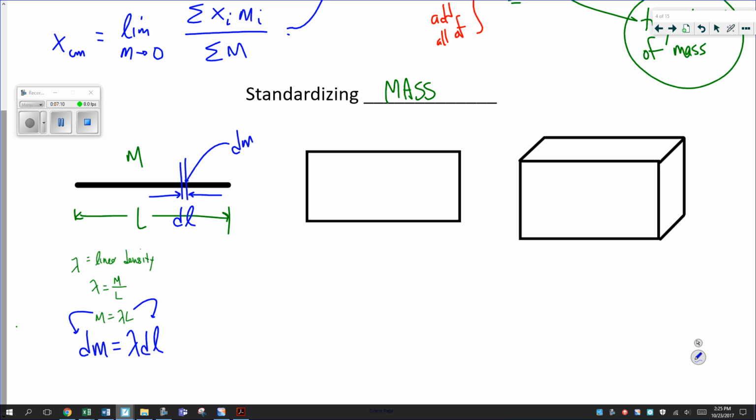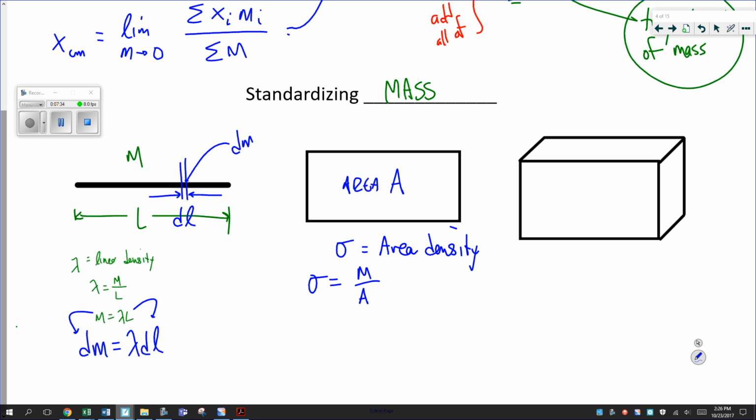Yeah? Okay. Now, here is a two-dimensional object of, I don't know, area A. And here, we define sigma as an area density, where sigma is mass per unit area.